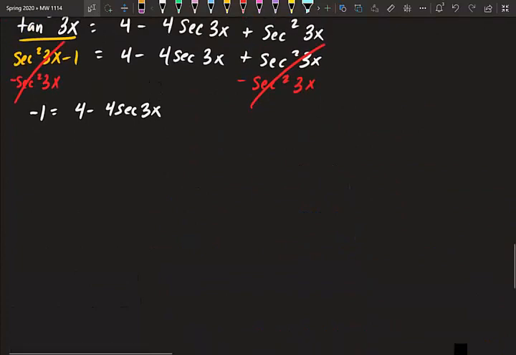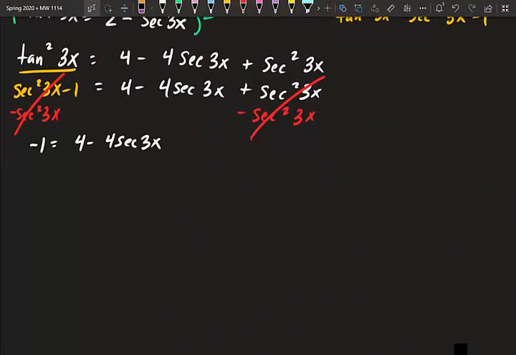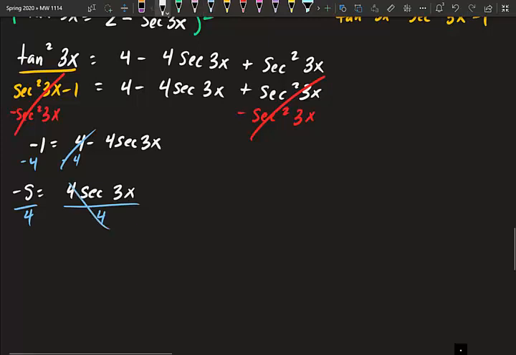I did not. Alright, let's keep solving for x. So I'm going to subtract 4 over. And when we do, we have negative 5 equals negative 4 secant 3x. We're going to divide by negative 4. So we have 5 over 4 equals secant 3x.